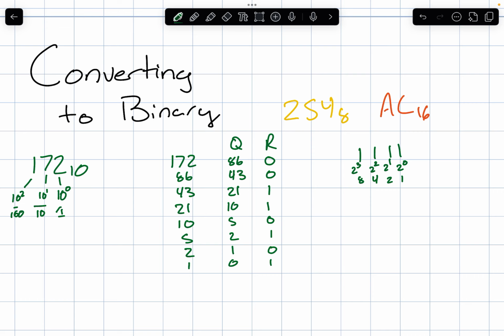Okay, so now that that's complete, we're going to look at our remainder column here. So this is our binary representation, and it's actually going to go from bottom to top as opposed to top to bottom. So 172 base 10 in binary would be 10101100 base 2.